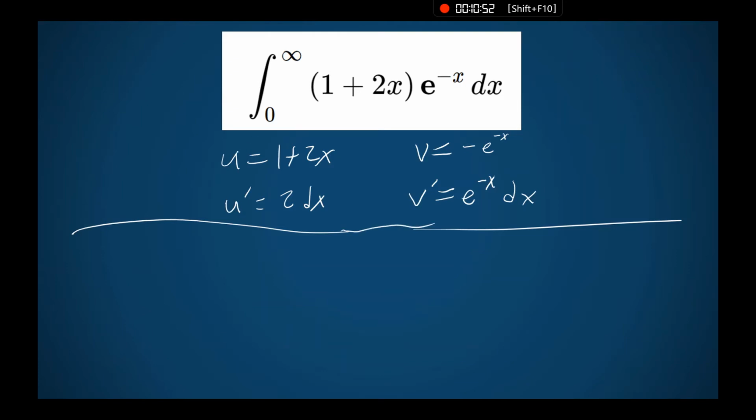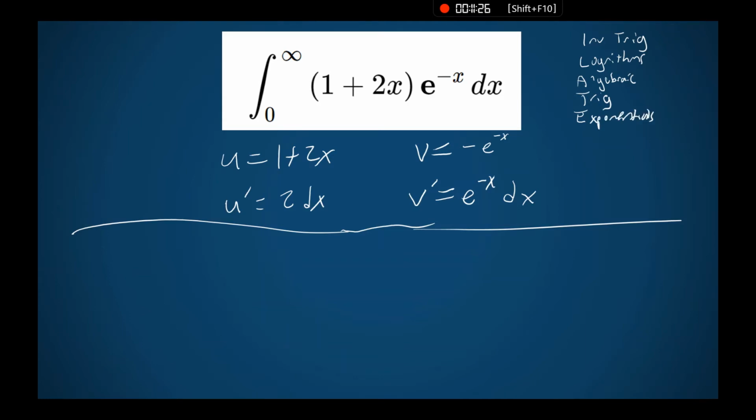Actually, before I do that, let me talk about why we picked our u and v the way we did. If you remember our priority order for your shortcut, I-LATE. So we'll look for inverse trigonometric functions, then logarithms, then algebraic functions, so that's polynomials, then trig functions, then exponentials.